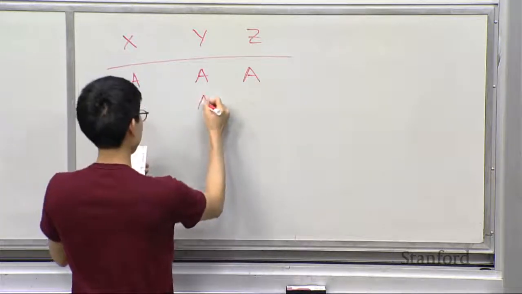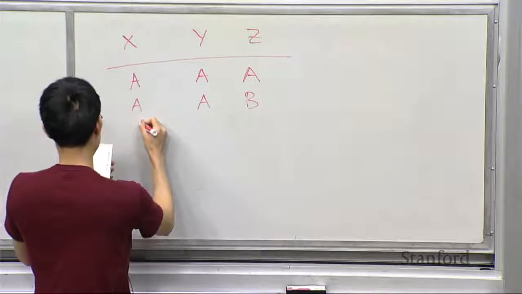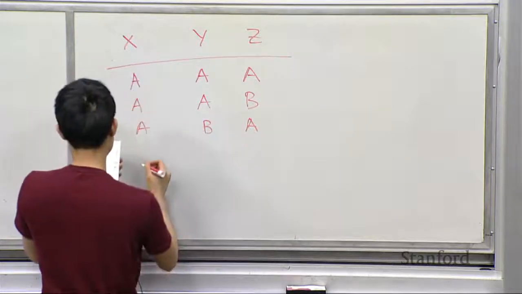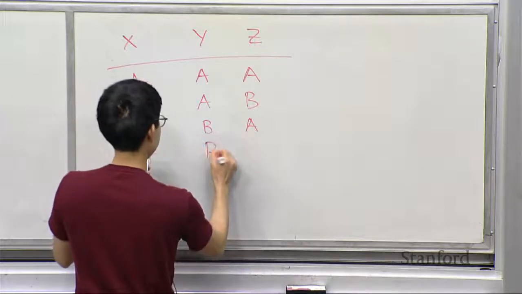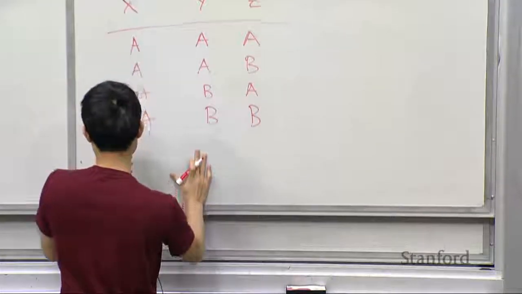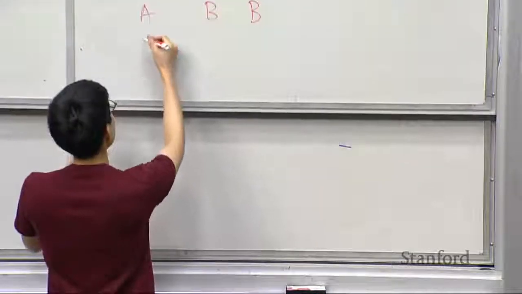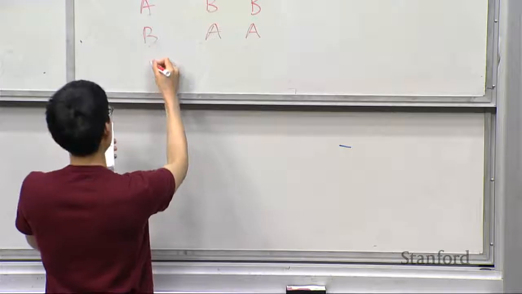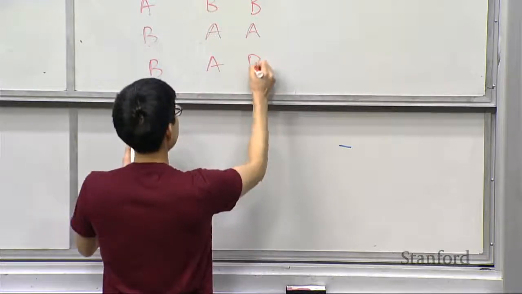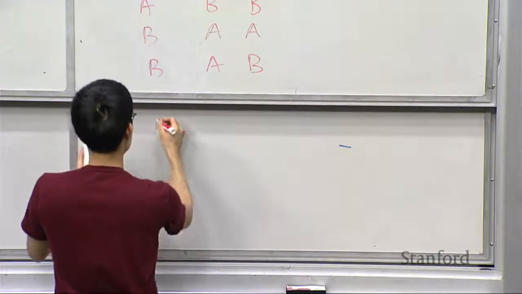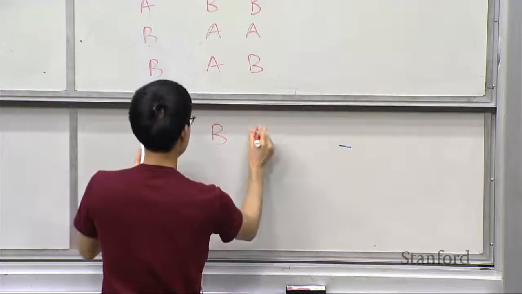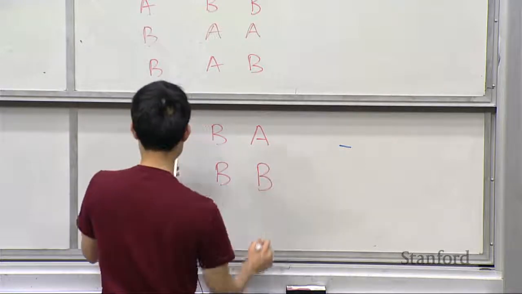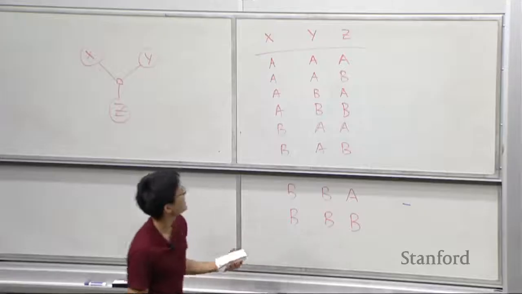And I'm going to do out the whole thing for a second here. A, B, B. B, A, B, A, B. B, B, A. And finally B, B, B. OK, so this is the entire factor.